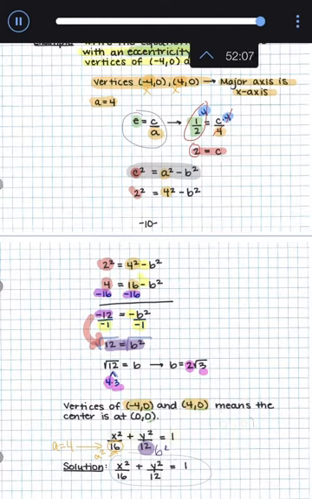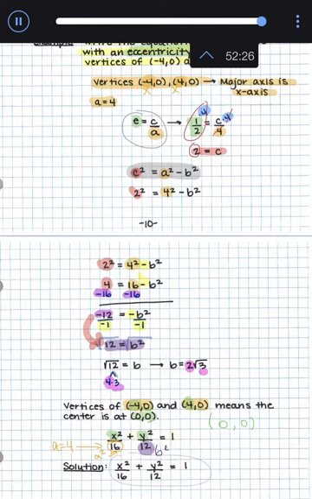So our center should be at 0 for the y-axis and should be at the center of the other two x values, which are negative 4 and 4. Well, what's at the center of negative 4 and 4 is 0. So that means our center is at 0, 0. So there shouldn't be anything with the x's and there shouldn't be anything with the y's.